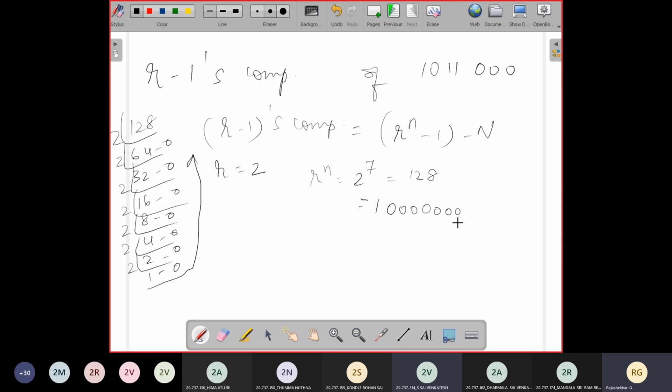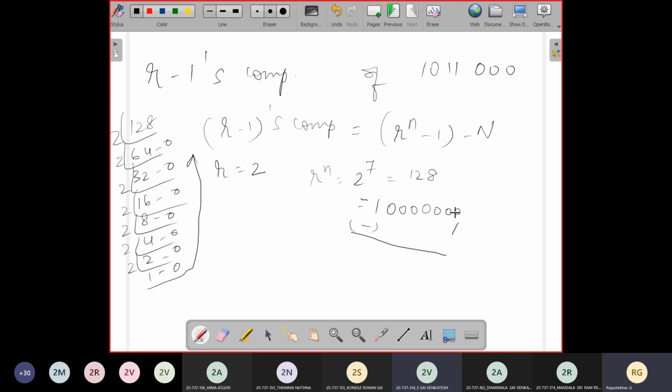So from this you have to subtract 1. This term I am evaluating. I cannot subtract 1 from 0. You are doing binary subtraction here, so I take a carry. When you take a carry, it becomes 10. 10 in binary is 2.